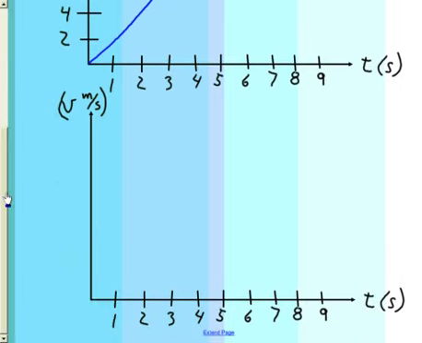Now notice, here's the important thing, the time part lines up exactly. I just copied them right down. I put the word velocity on the axis, but I didn't put any numbers because I don't know what we're going to use yet. So, go ahead and do that, and then start the video again when you're done.